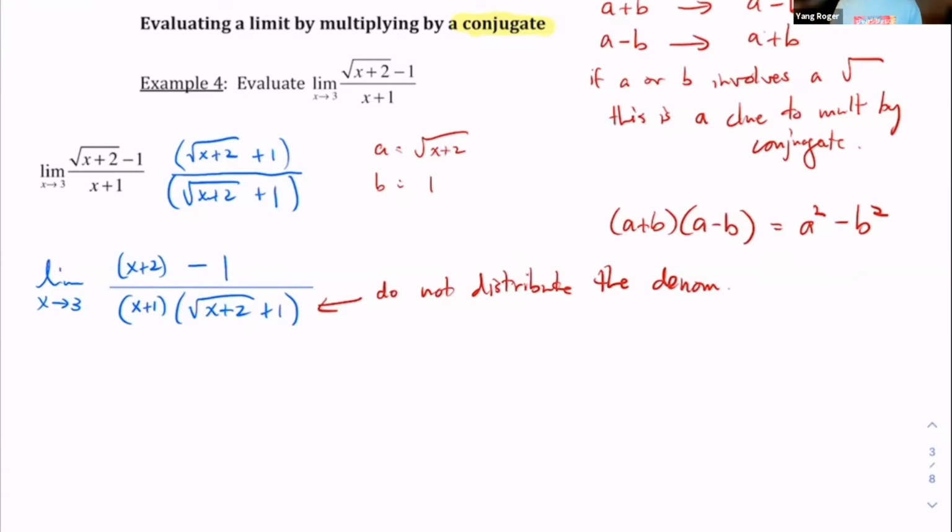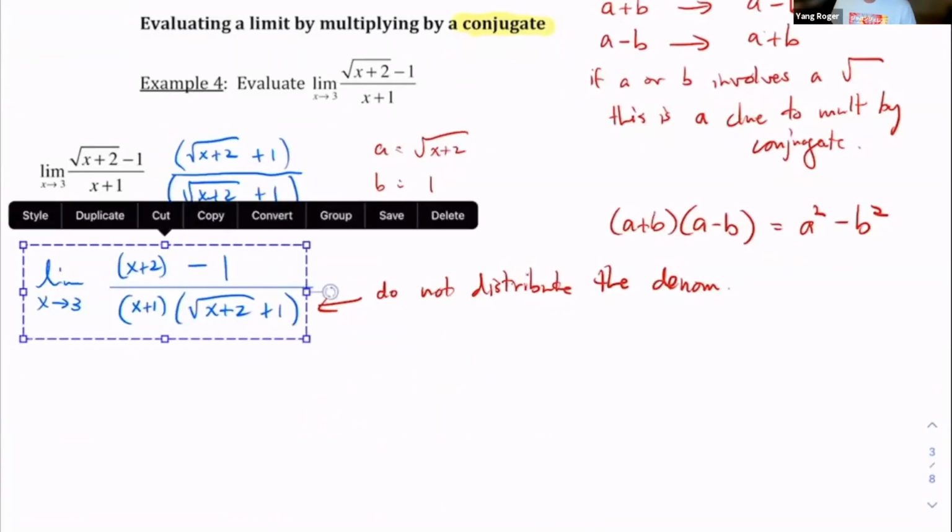I think if you're a good student, you always want to be predicting or trying to guess why. Anyone have any feeling why we don't want to distribute the denominator? No feeling. Well, let's just continue this problem, and maybe you'll say why in a second.